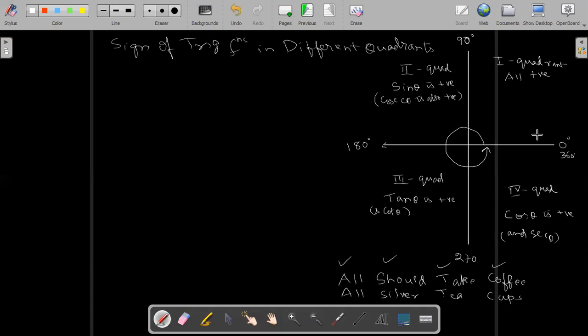Now suppose we are moving from 0 to 90 degree, and we subtract a small angle.